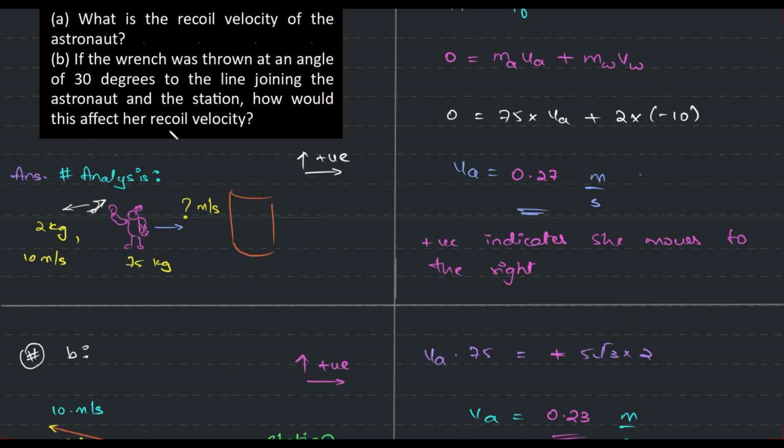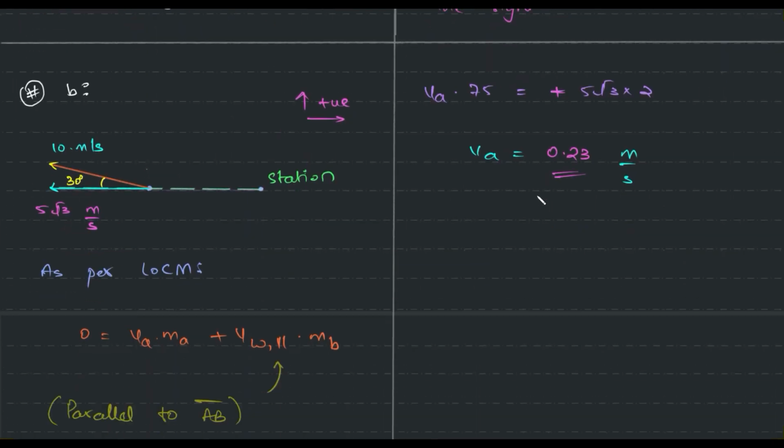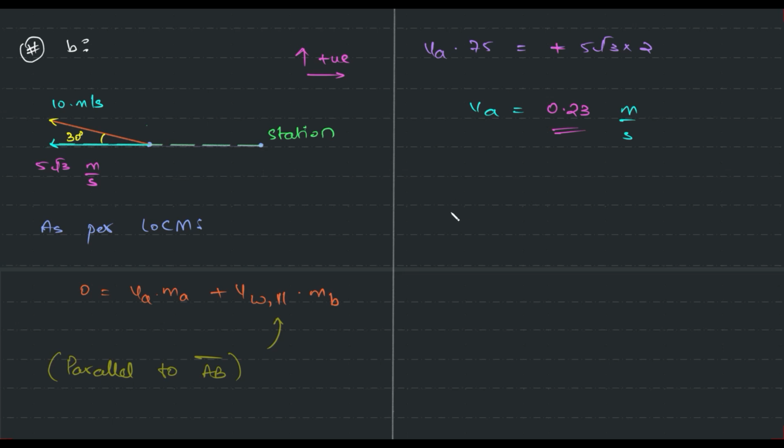How much does this affect her recoil velocity? 0.04. So the astronaut's recoil velocity is reduced by an amount of 0.04 meter per second.